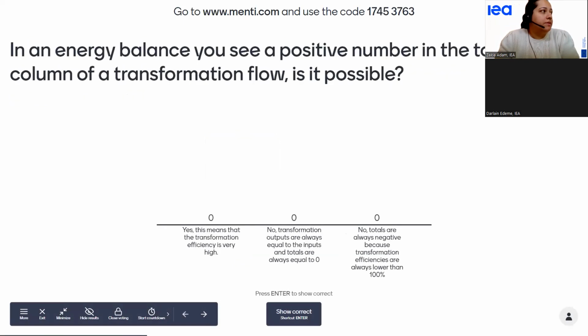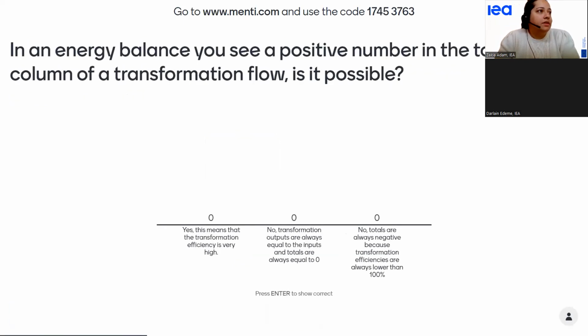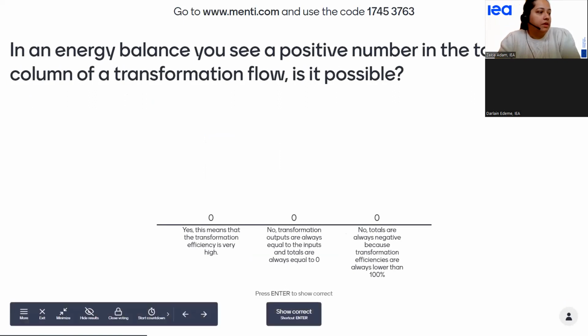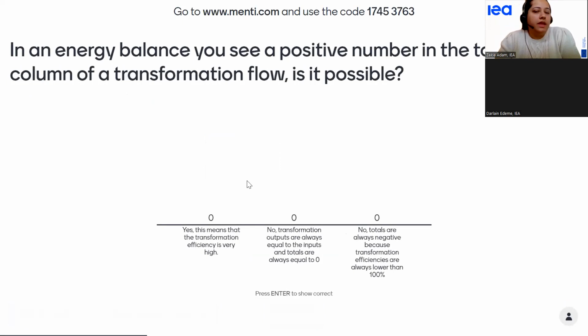So next question. In an energy balance, you see a positive number in the total column of a transformation flow. Is this possible? Here we are saying that, in the energy balance, you have some sign conventions in the transformation sector.